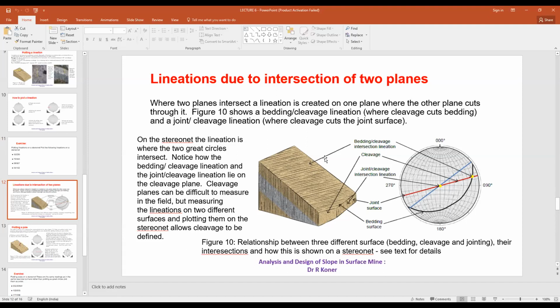So suppose this is a plane. Two planes intersecting each other here. So this is a lineation structure we have to plot. A line in a stereonet will make a point.